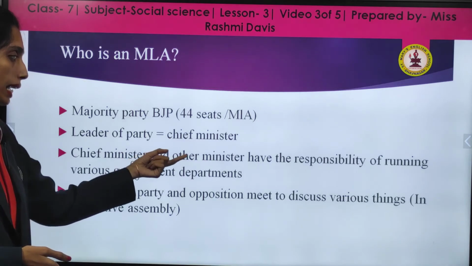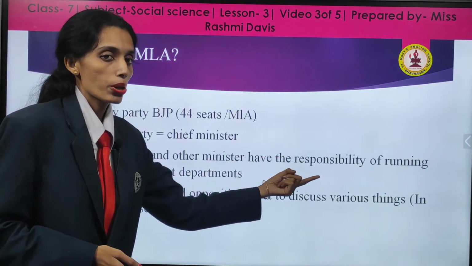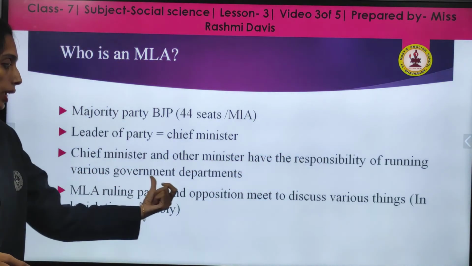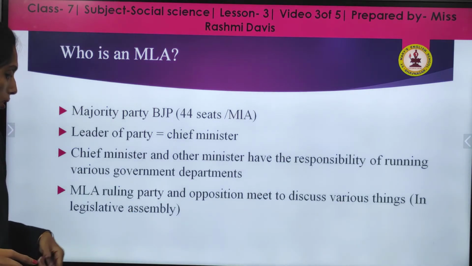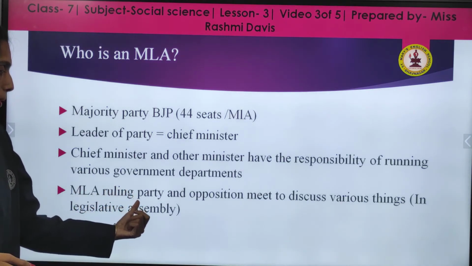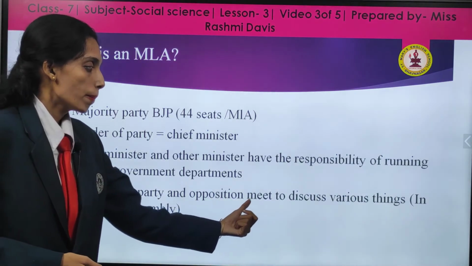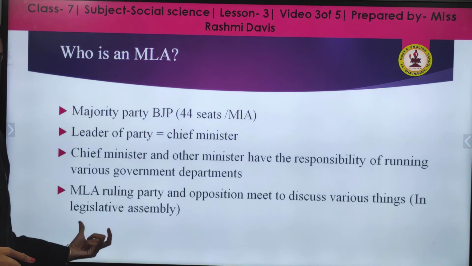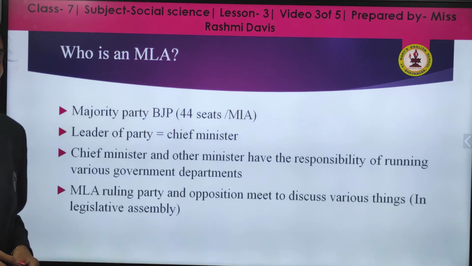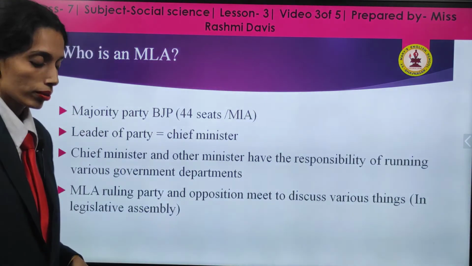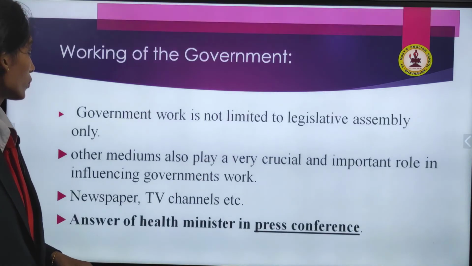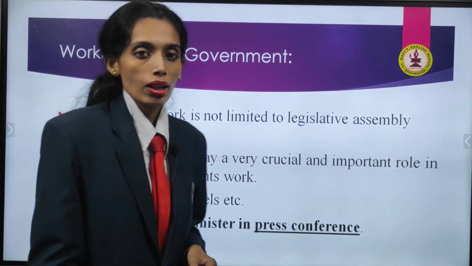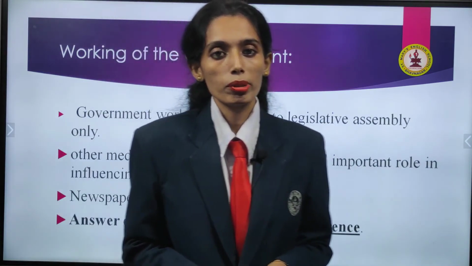The chief minister and other ministers have the responsibility of running various government departments. The MLAs of the ruling party and opposition meet to discuss various things. Where will they meet? In the Legislative Assembly. This we already talked about.